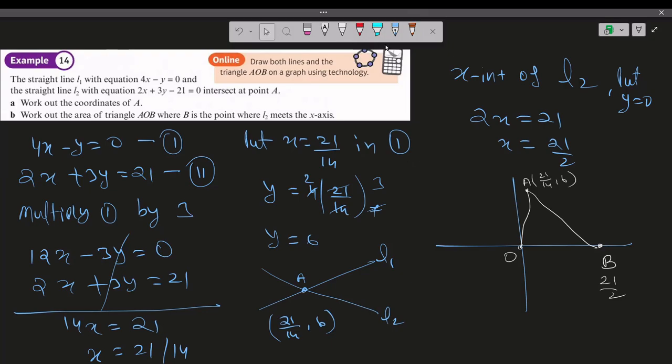Do we have the height of this triangle? Basically, yes. So the height of this triangle is nothing but this one, that is 6. The y coordinate of point A will be the height. So we can use half into base into height to find the area.